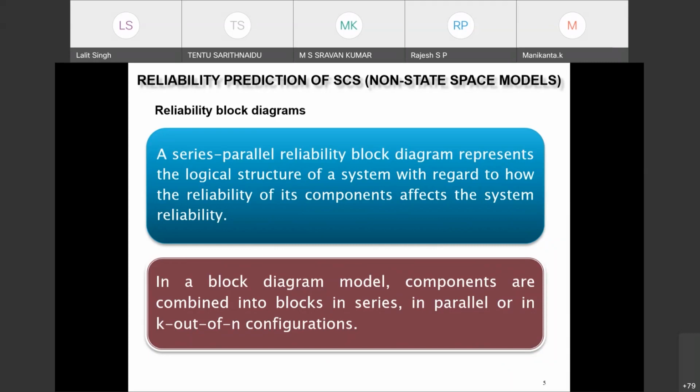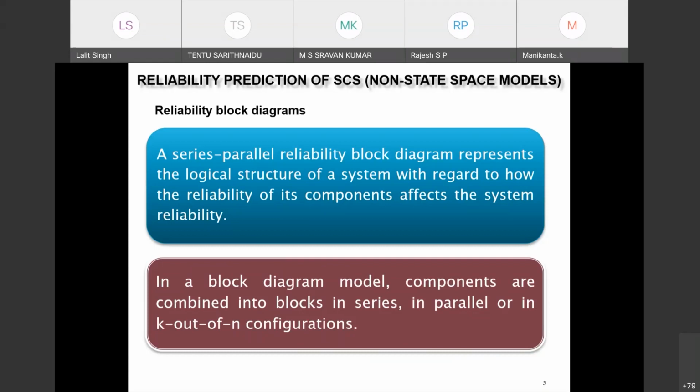Then the reliability of the overall system will be equal to R1 into R2 if they are arranged in series, or if the components are arranged in parallel, you can use the parallel reliability formula. In this way, you can solve the entire system to come out with the reliability of the overall system.